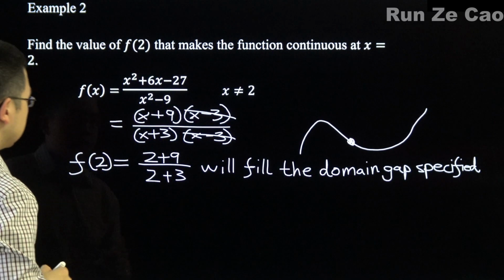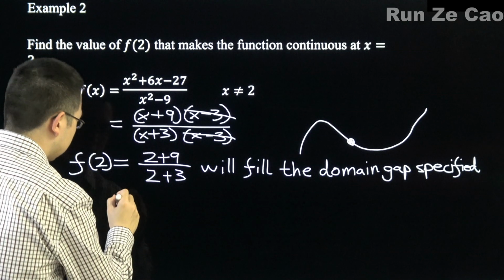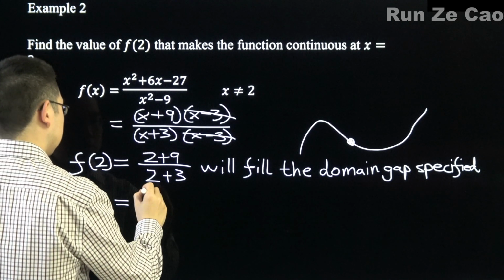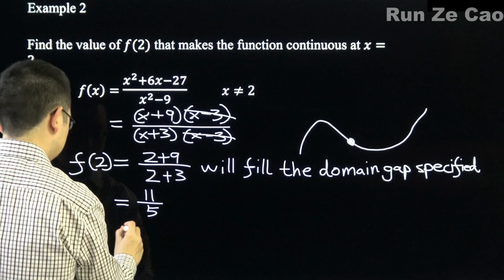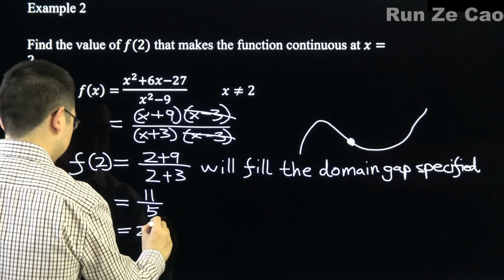Okay, so this is going to be 2 plus 9 is 11 over 5, which is equal to 2.2.